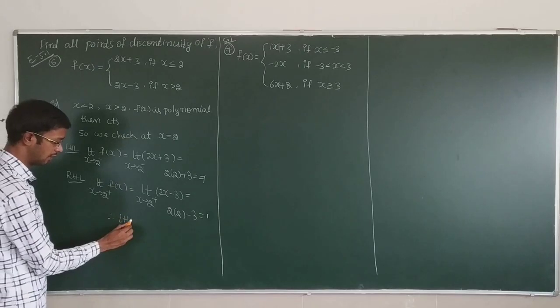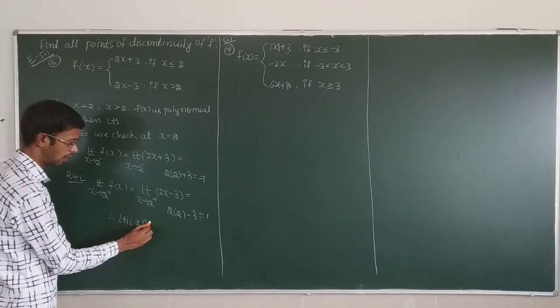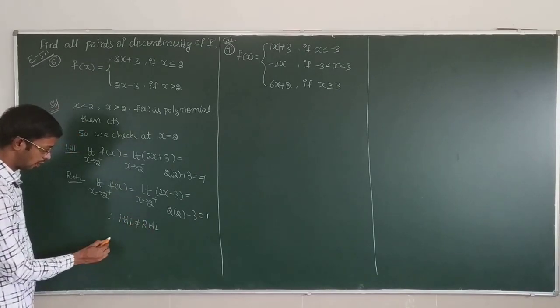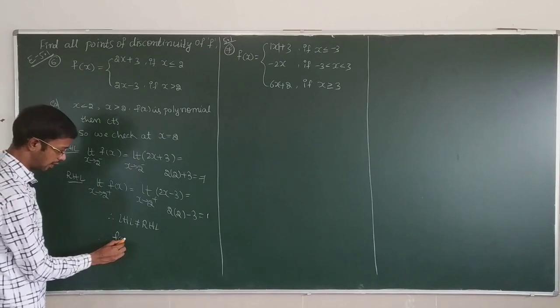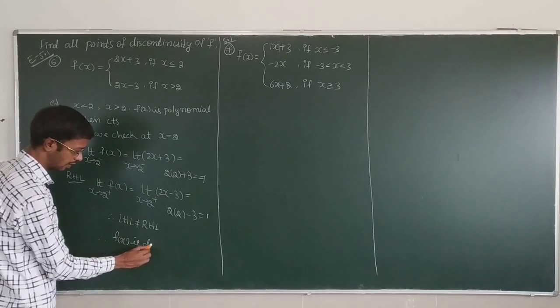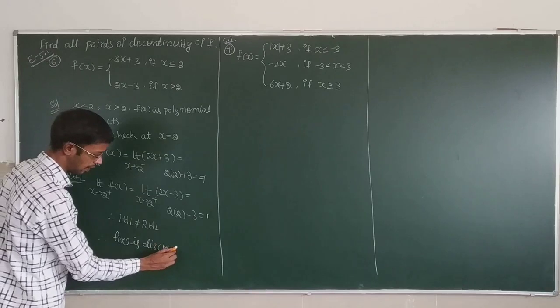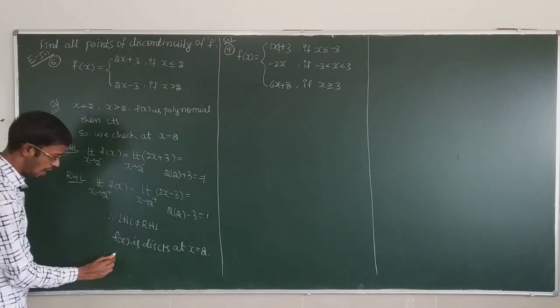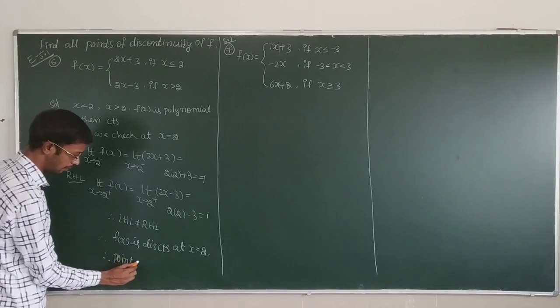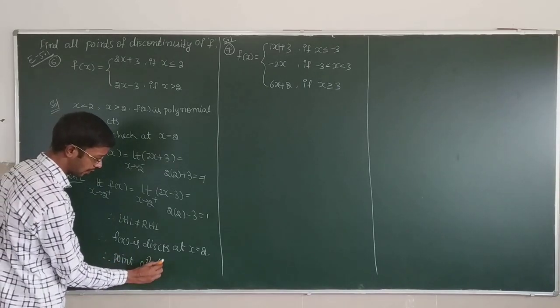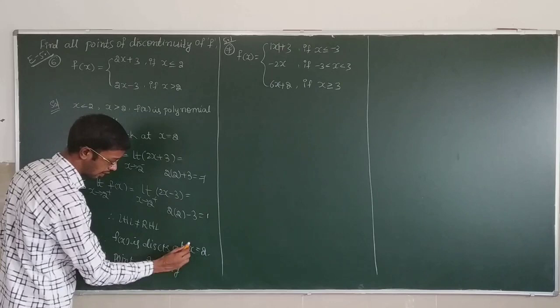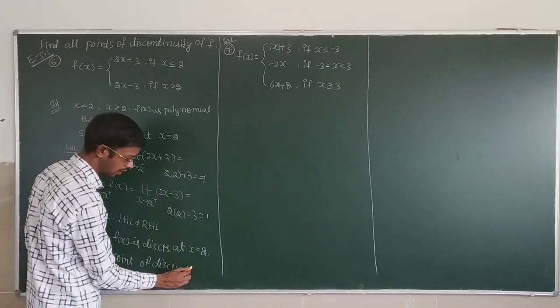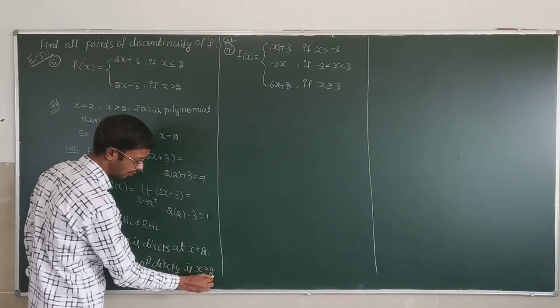Therefore, LHL is not equal to RHL. Therefore, f of x is discontinuous at x equal to 2. Therefore, the point of discontinuity is x equal to 2.